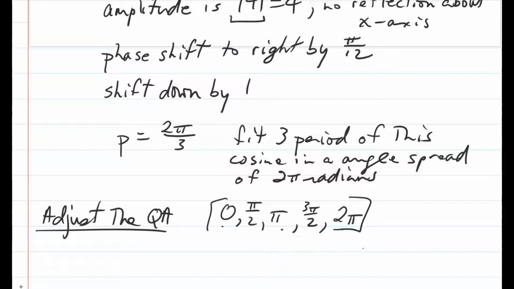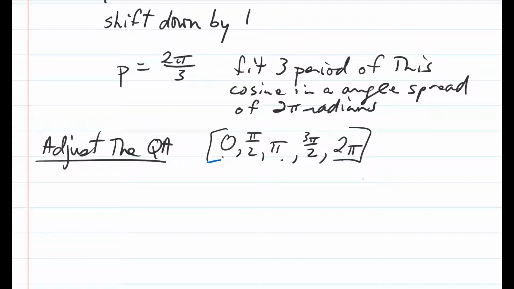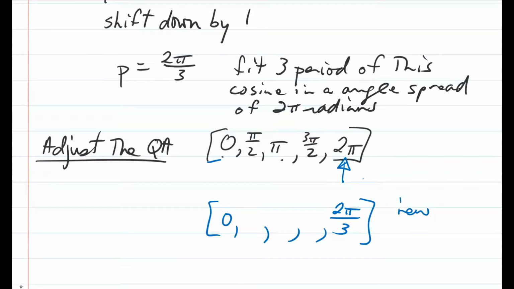What we're going to do is this. We're going to adjust the angle on the right end here first, because that angle is now not 2 pi, it's 2 pi over 3 if our first angle is 0. And then we're going to leave some blanks. And now this is the new period length that we see right here.